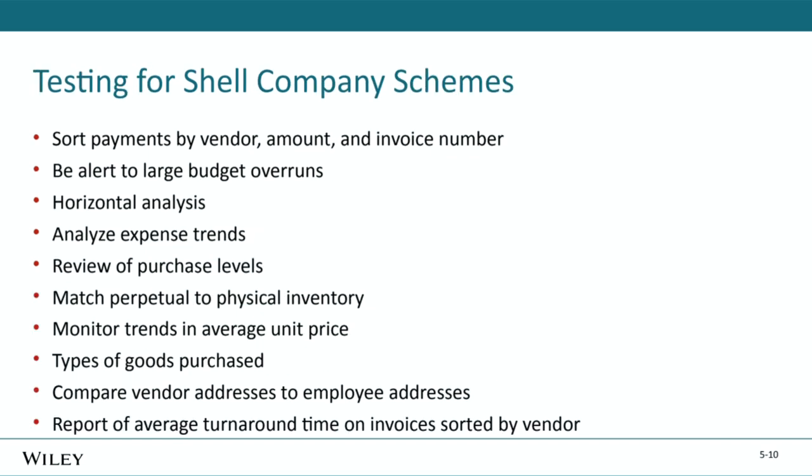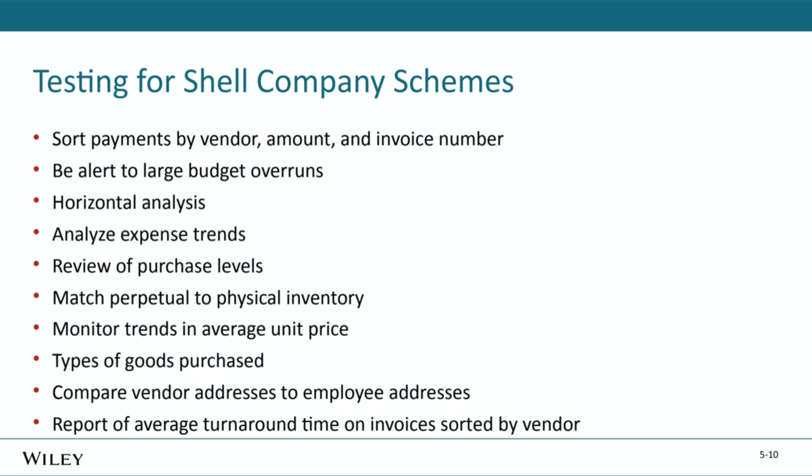Again, here are ways of testing for a shell company scheme. Any good firm that's got a computerized accounting system, an IT system, you'd be able to pull all this up. Sort payments by vendor, amount, invoice number. Look for budget overruns.